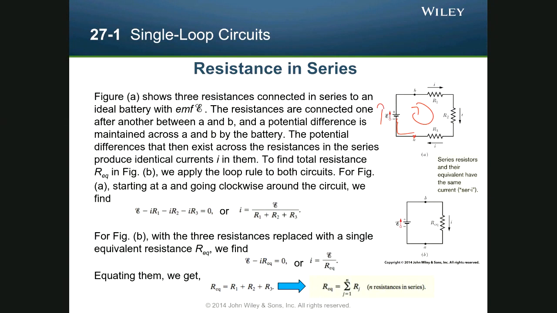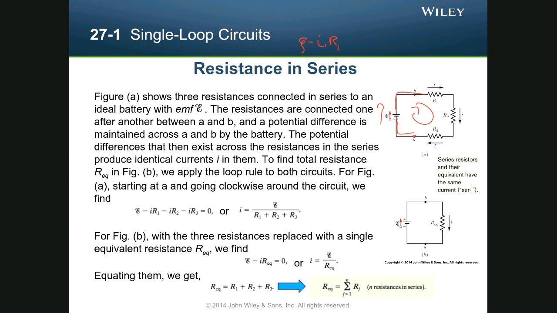And so in our equation, that will be our squiggle, right? So that's okay. So now we go past the EMF, it's positive. We get to our first resistor, and we're going with the current, so that'll be minus I1 R1.